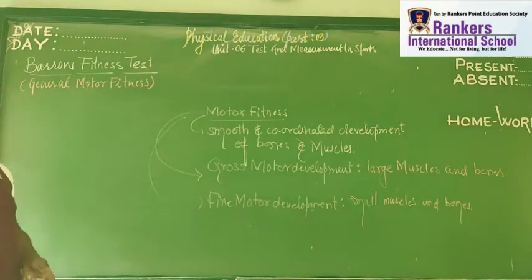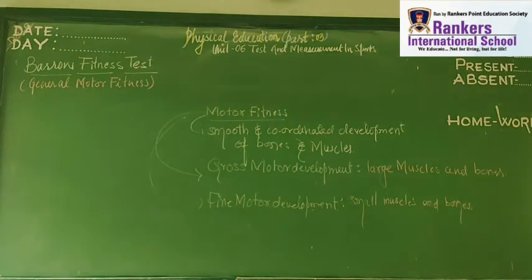And we are also going to understand what is this Barrow fitness test or what is this general motor fitness. Got it, students? So Barrow fitness test is basically a very important topic to deal with, right? The concept that the athlete's ability to perform different motor skills, right?